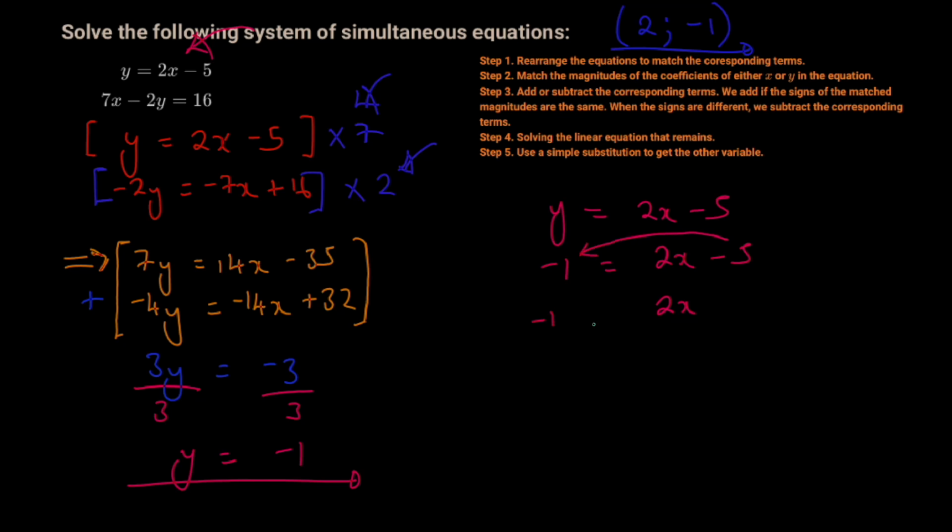This one will go on to become positive, so it'd be negative 1 plus 5, okay? So you'd actually get 4 here equal to 2x. Then you divide both sides by 2, then you get x equal to 2. And so you can conclude, therefore x equal to 2 and y equal to negative 1 like this, okay?